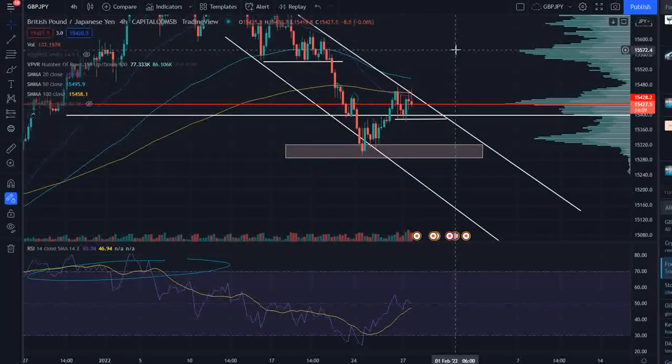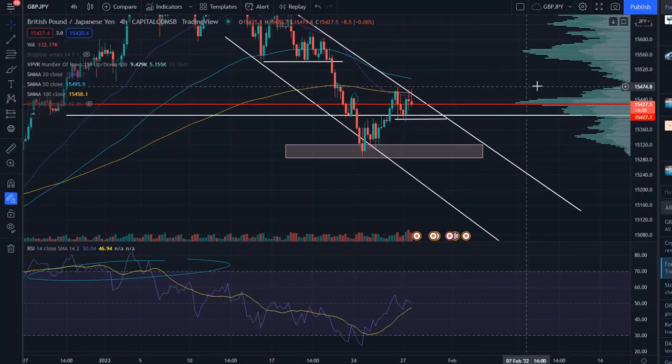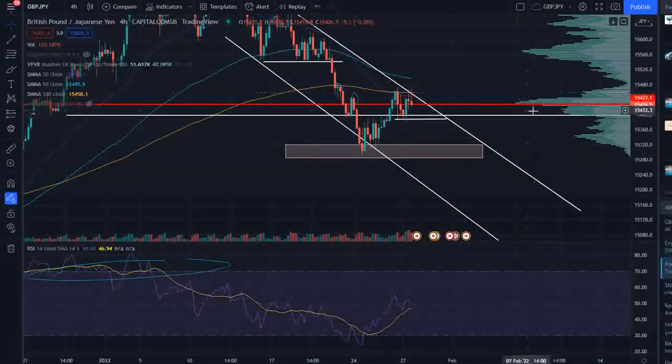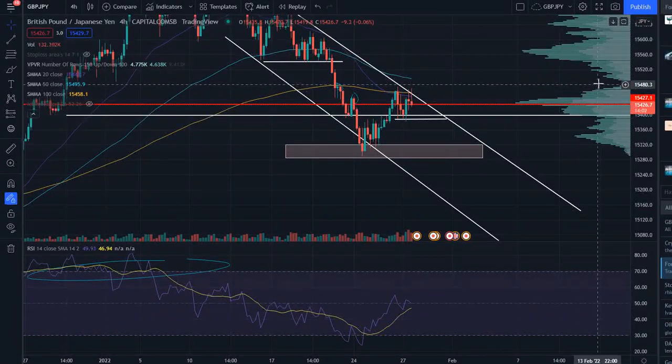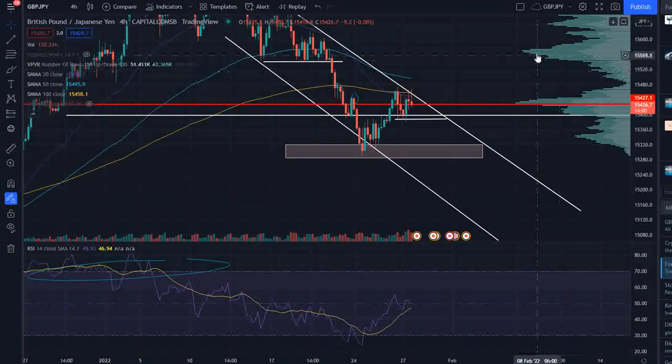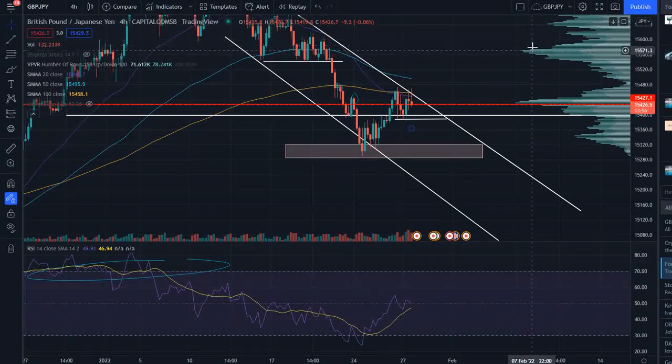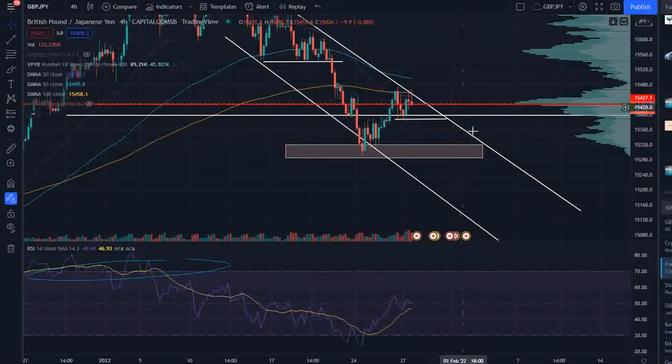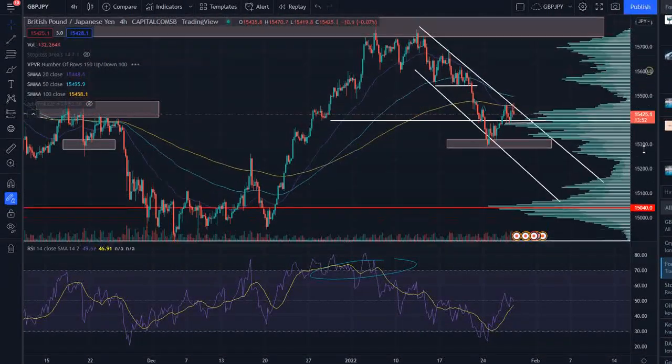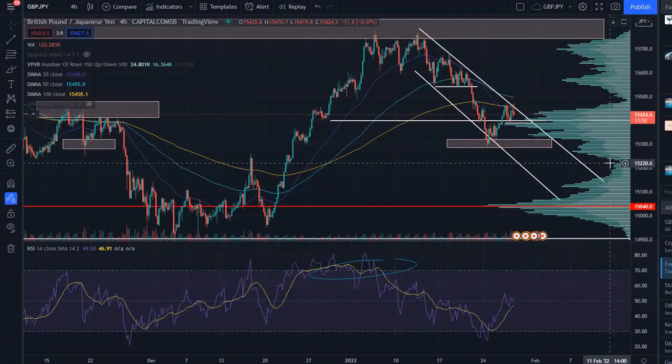4-hour time frame. As you can see, we're forming a nice support level in this place. It did go up. Now we've got the resistance level here. As you can see, there are loads of trades coming in here. Oh, this is good. This will be the next target. If it does drop, then that will be the next target I'm going to go to.